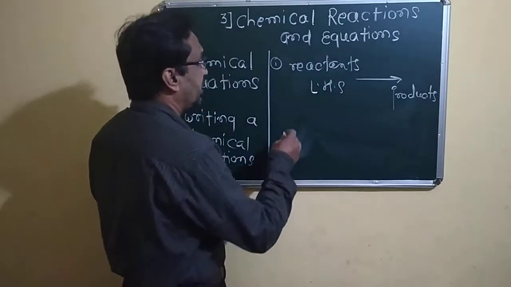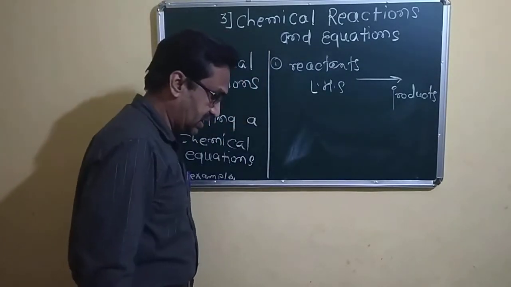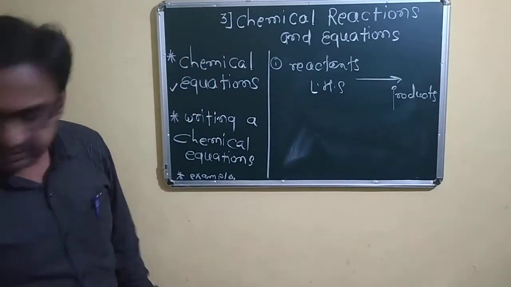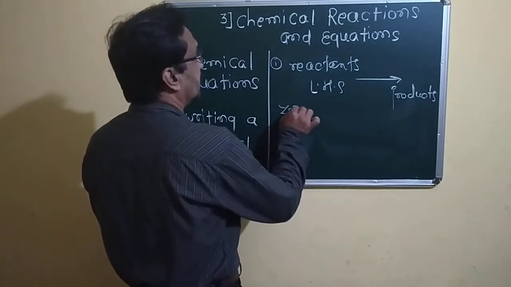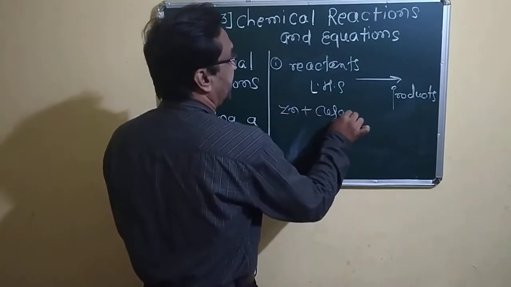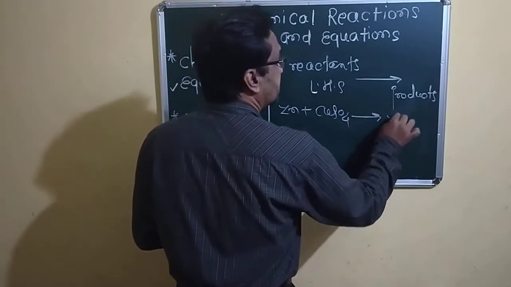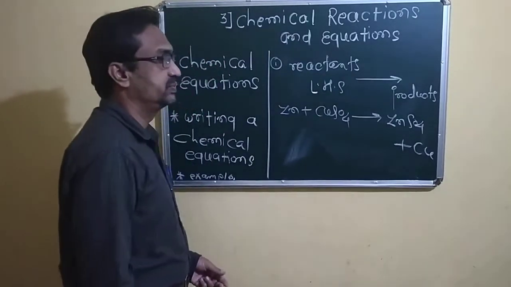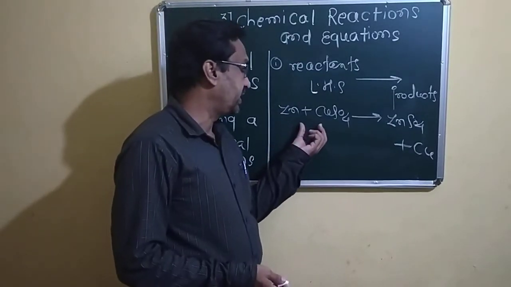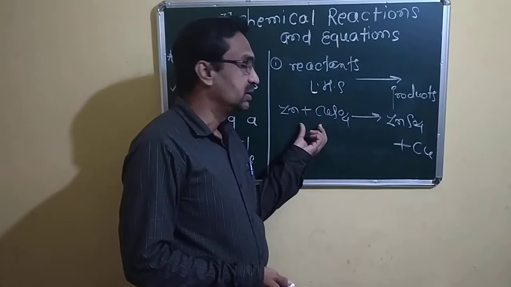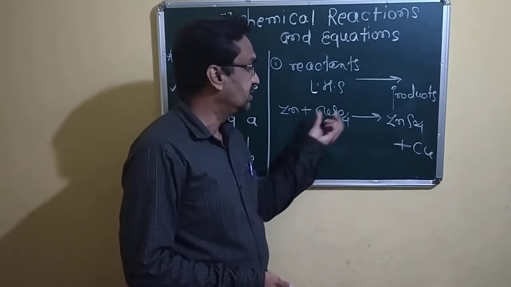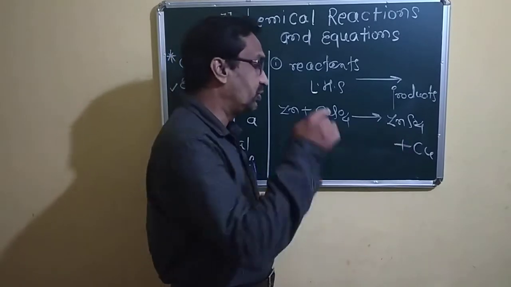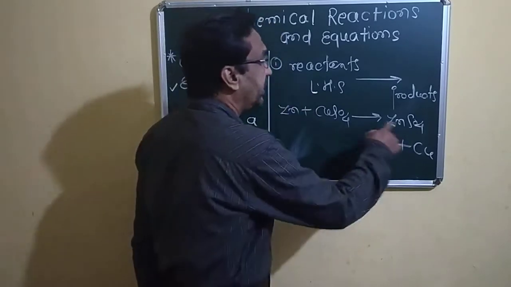Let us take one example in the given equation: zinc plus copper sulfate gives zinc sulfate plus copper. The reactants are always written on the left hand side of this arrow, and the arrow points towards the products. You must note that this is an irreversible reaction.